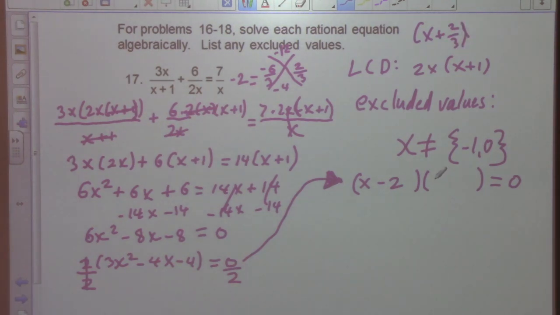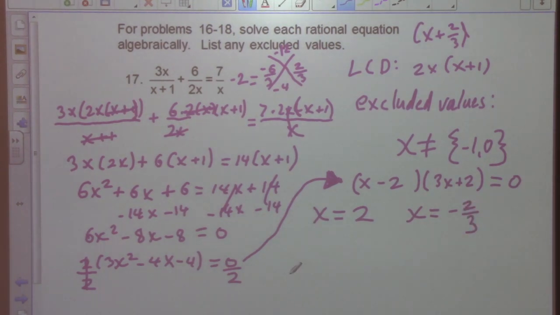That's going to be 3x plus 2, right? Is that going to work for negative 4x? Yeah, that's going to be right. So x is going to be equal to what? 2, and x is going to be equal to negative 2/3.